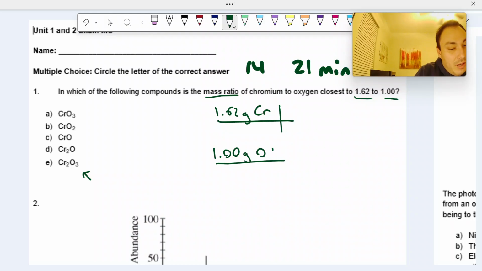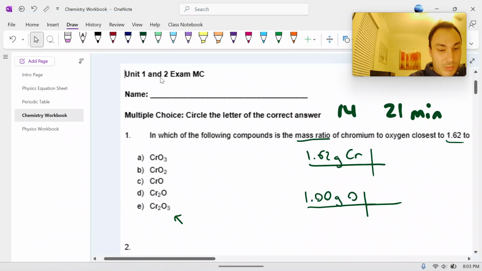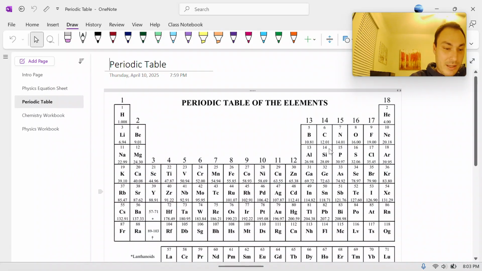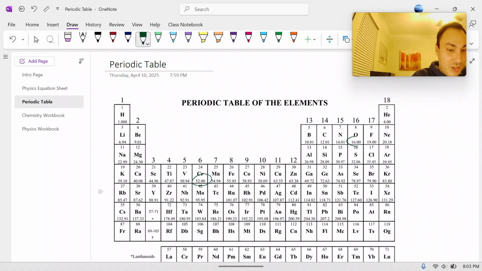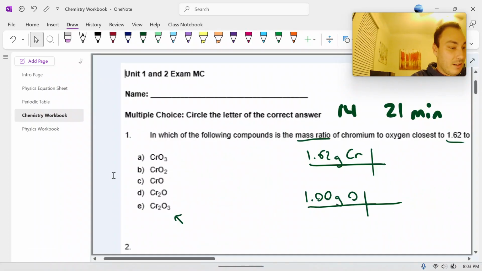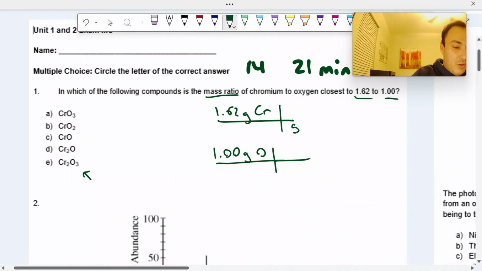Let's dimensional analysis this. I have to go to the periodic table to get these molar masses. Let's try and remember chromium and oxygen. Chromium is 52 grams per mole. Oxygen is 16. Should be easy to remember. So chromium, 52 grams per 1 mole.